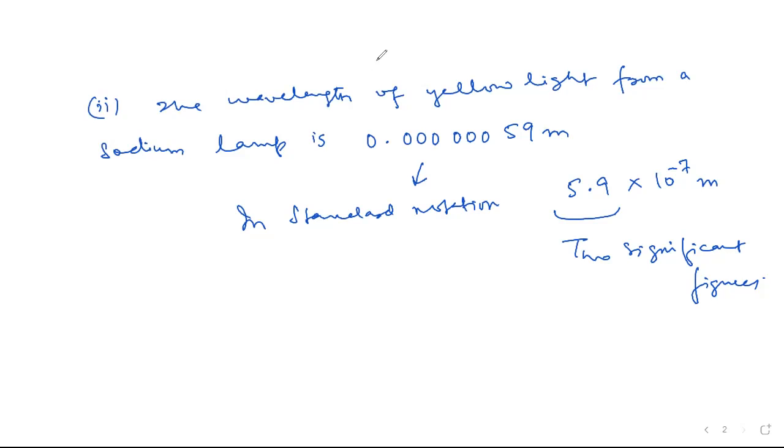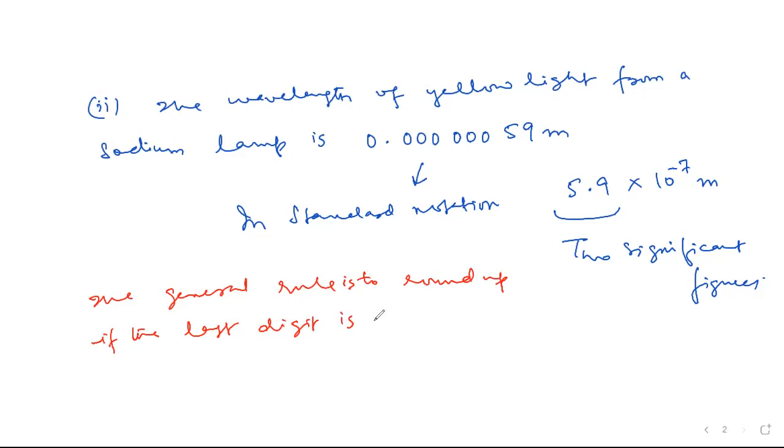The general rule for rounding is to round up if the last digit is 5 or more.